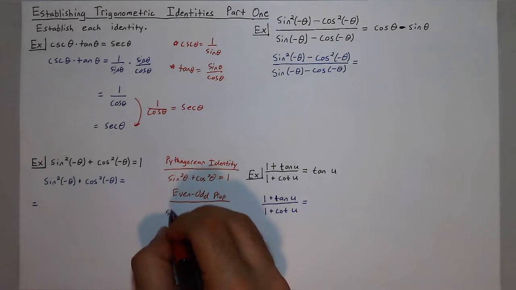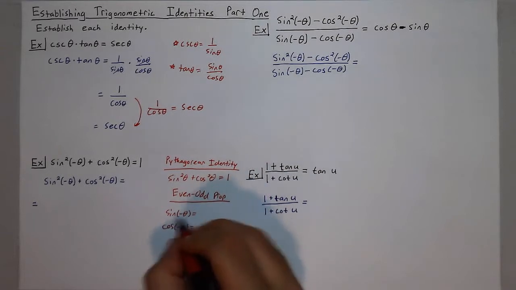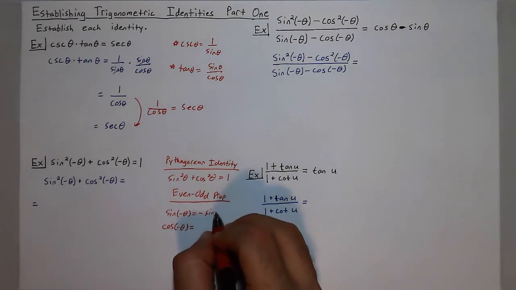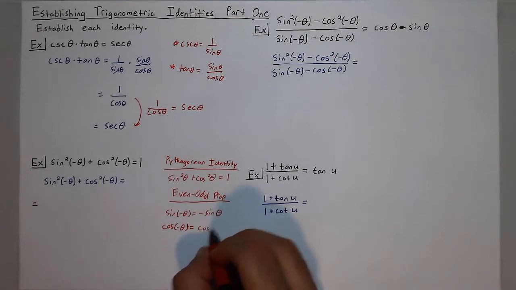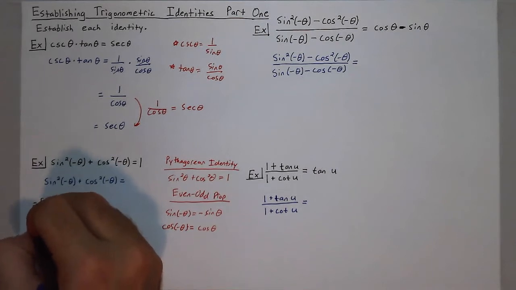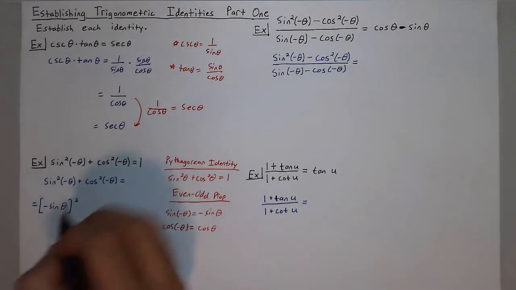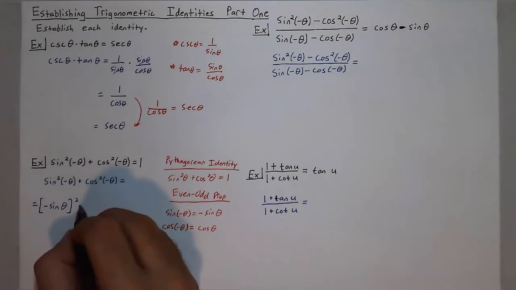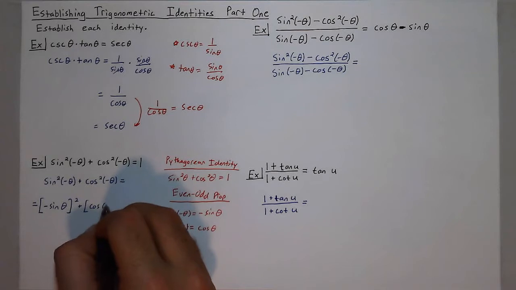So I'm dealing with sine of negative theta and cosine of negative theta. Sine of negative theta is negative sine of theta, and cosine of negative theta is just cosine of theta. So now I can rewrite these as negative sine of theta, all of that squared, plus cosine squared of theta.